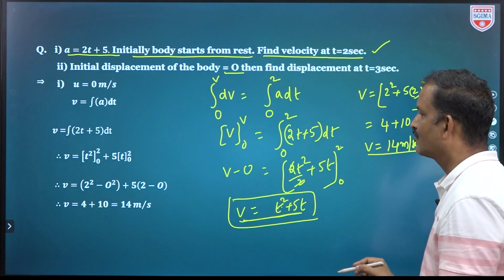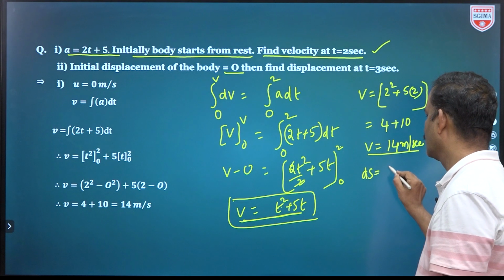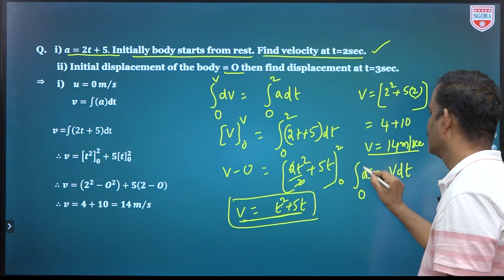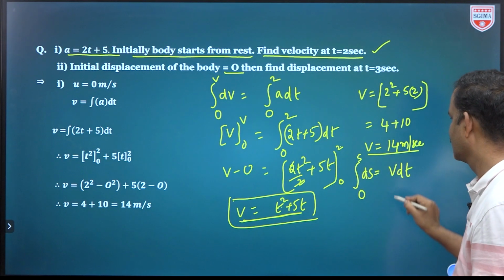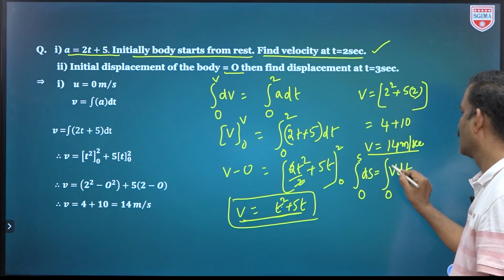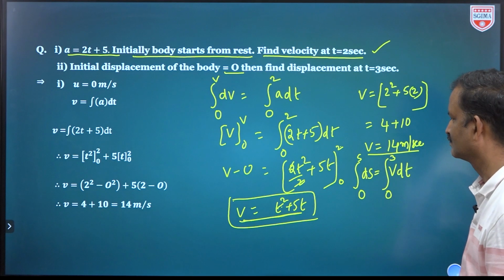Now velocity you have to integrate. Displacement ds is equal to v dt. Integration limits you have to apply 0 to s. Initially at time 0, displacement is 0, now at time t. t is equal to 3 seconds.